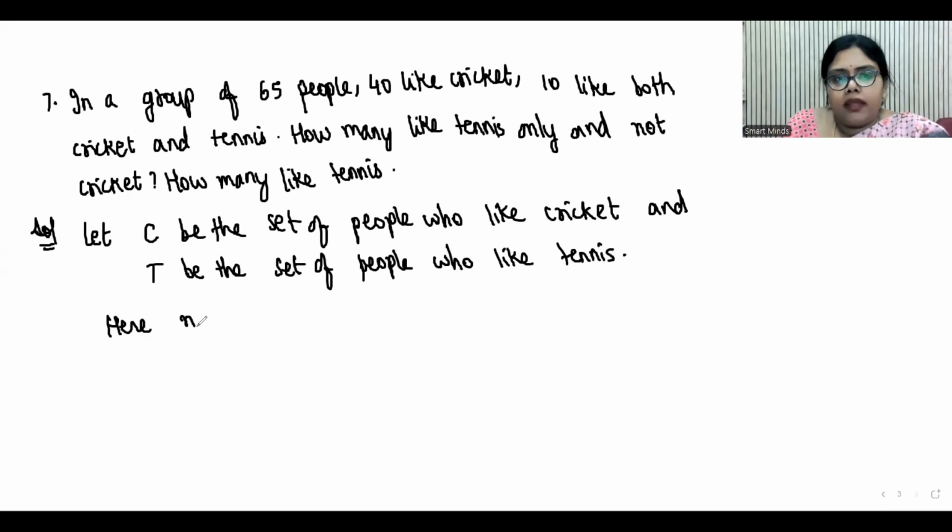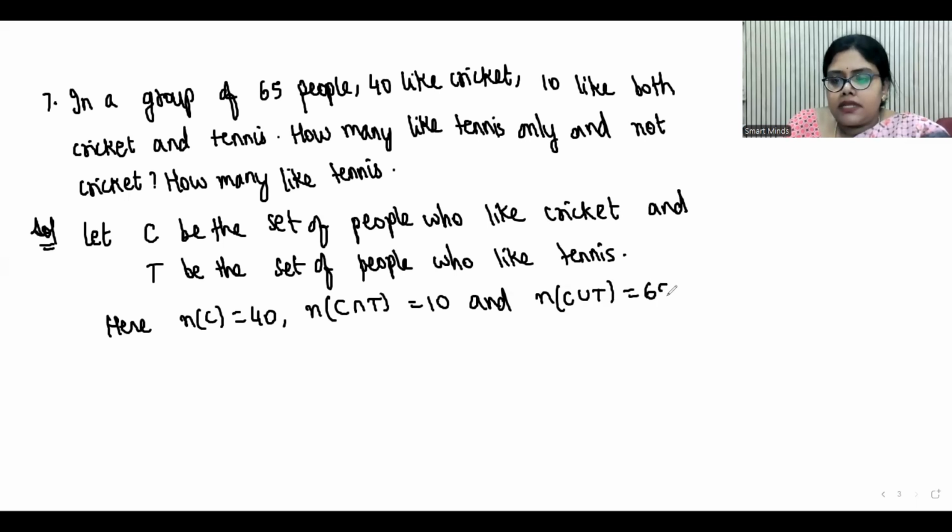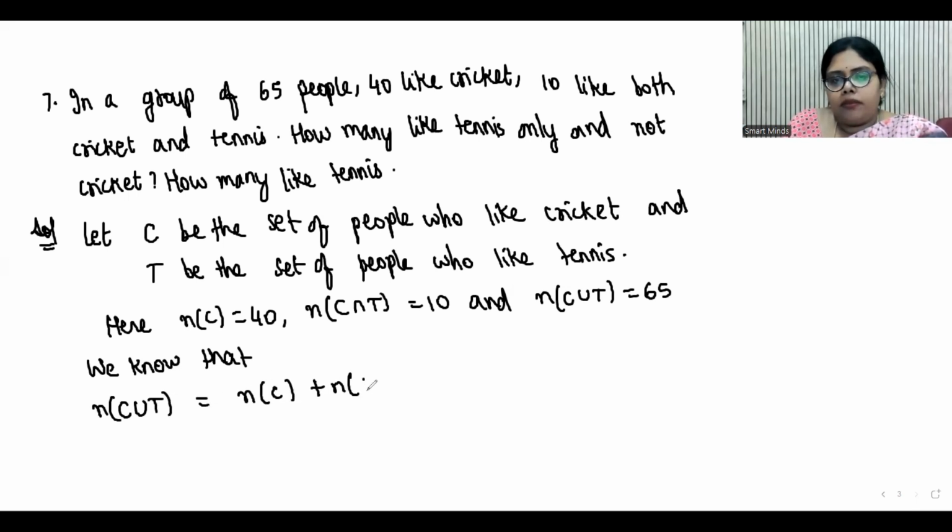Here, n(C) is equal to 40. n(C ∩ T) is equal to 10. And n(C ∪ T) is equal to 65. We know that n(C ∪ T) = n(C) + n(T) − n(C ∩ T).